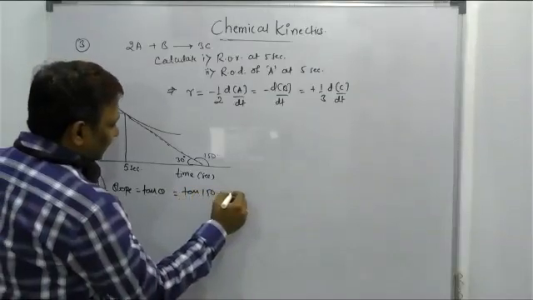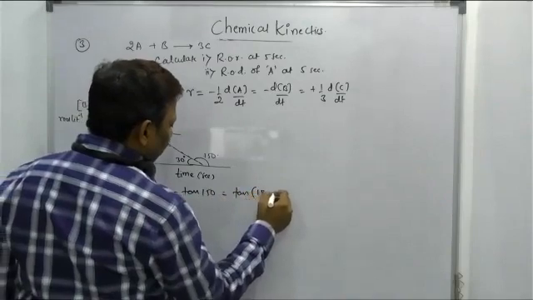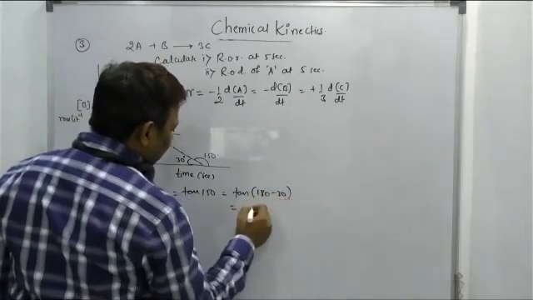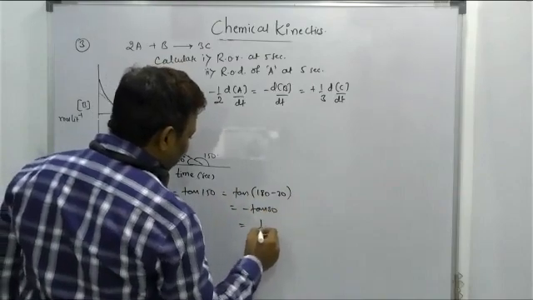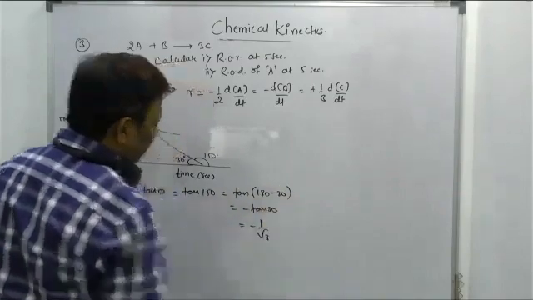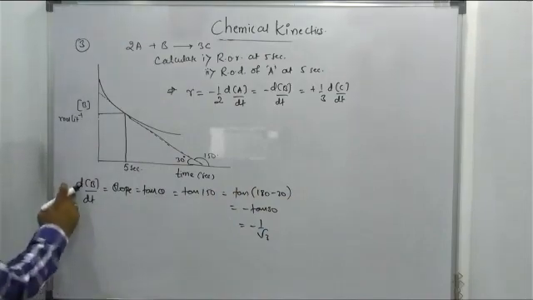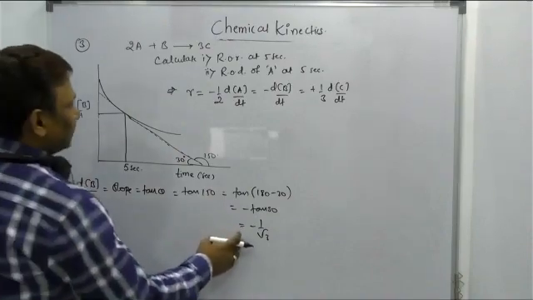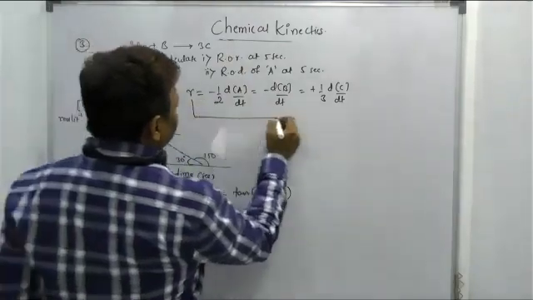So tan 150 can be written as tan of 180 minus 30, which is equal to minus tan 30, and that is minus 1 by root 3. This value we got is nothing but dB by dt. They are asking ROR, and we can compare it with this one.